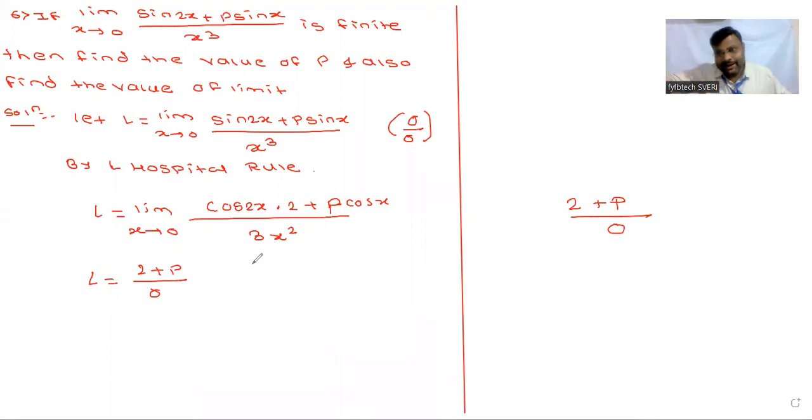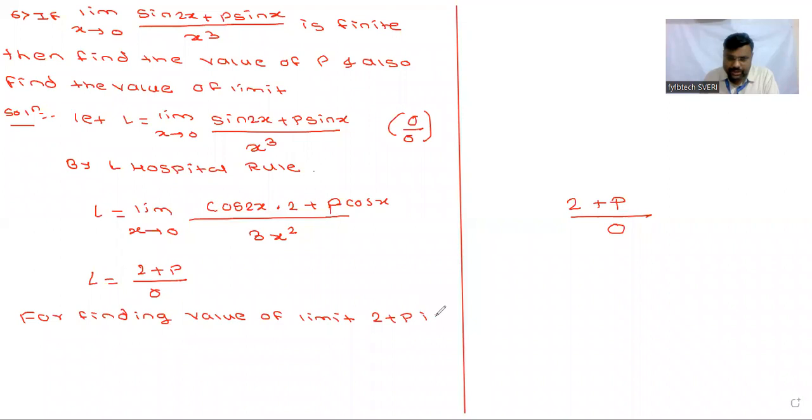In indeterminate form, for our concern, we take the value as infinity. But actually, mathematically, this value does not exist. Then what is the next step? So for finding value of limit, 2 plus p must be equal to 0.